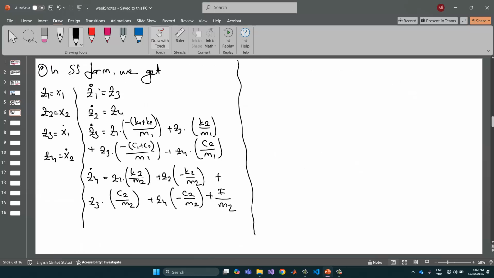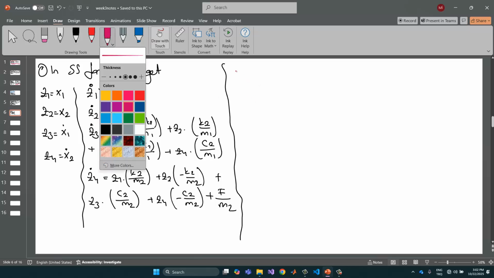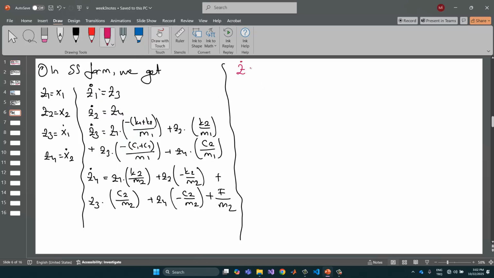So, how can we write the state space equation in here? First of all, just write this one, z dot, which is equal to A z plus B u, where z is equal to Z1, Z2, Z3, Z4 transpose, right? And what is u?